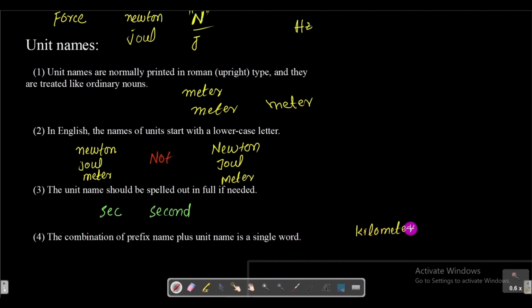Kilo is the prefix and meter is the unit. These two will be present adjacent to each other. There will be no space between them. So this will look like a single word, not like this. There will be no space between the prefix name and the unit name.